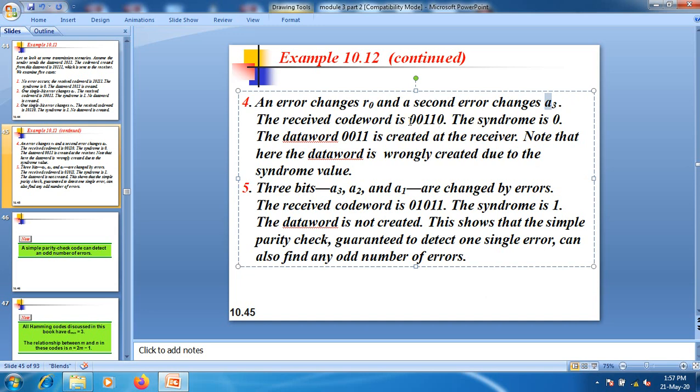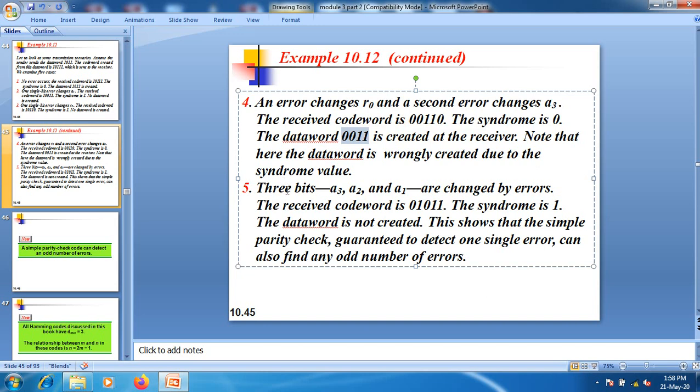If I add all these bits here, still we get a syndrome of 0. In that case, I am incorrectly extracting this data word, 0011. That is a wrong interpretation, because this coding may not be able to detect this kind of error.